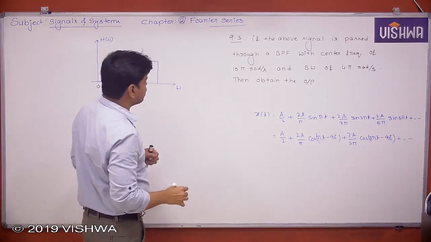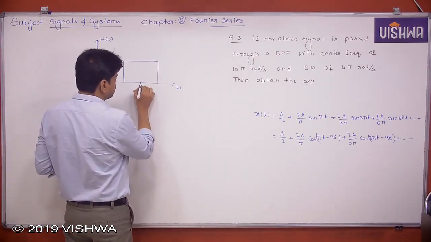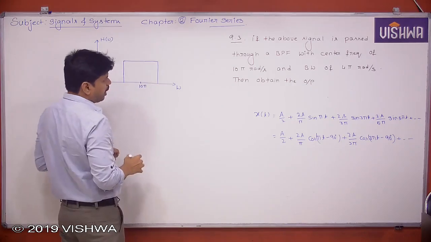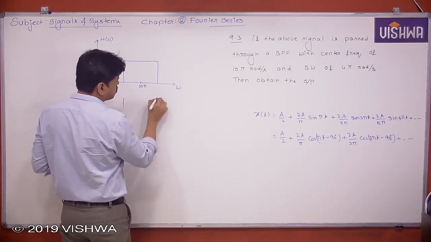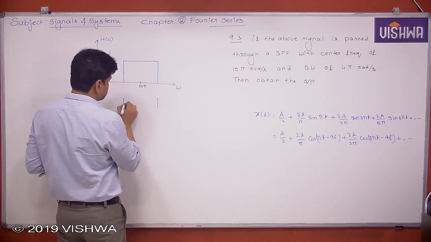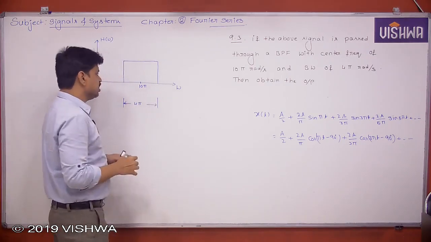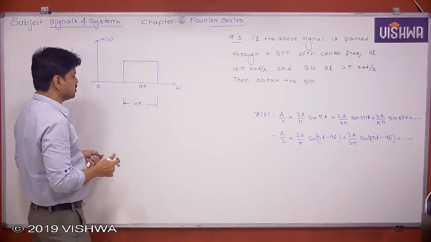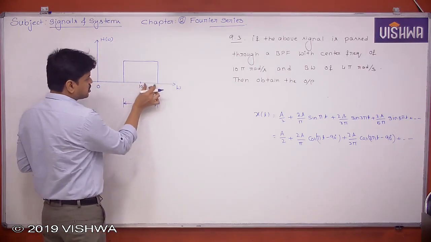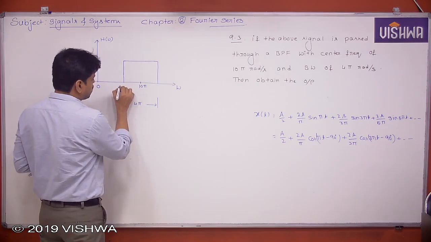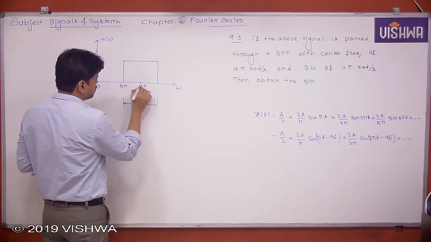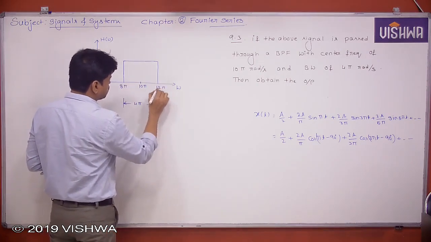The center frequency is 10 pi radians per second, and bandwidth is equal to 4 pi radians. If bandwidth is 4 pi radians, then this side is 2 pi radians, this is also 2 pi radians, so it is going to be 8 pi, and this is going to be 12 pi.